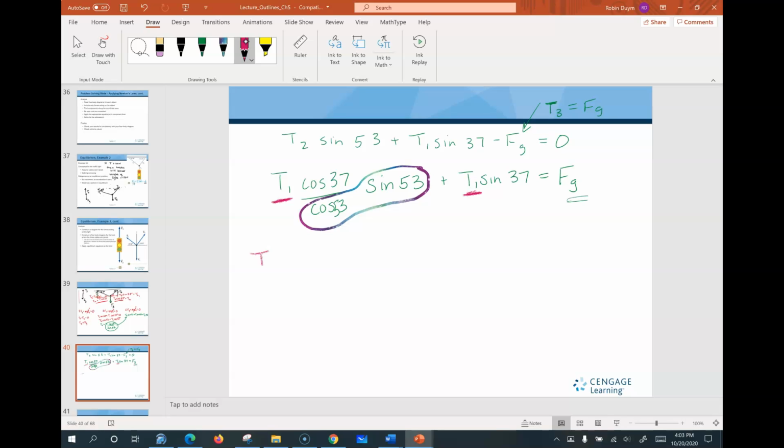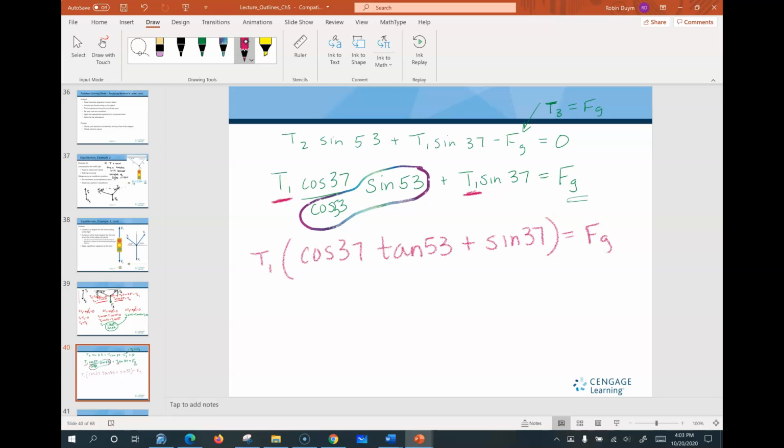So I end up with T1 times what's left, cosine 37 times the tangent of 53 plus sine of 37, is equal to Fg.